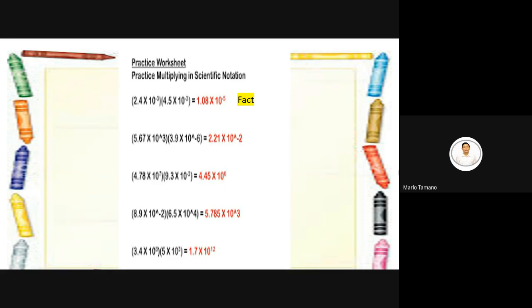Ano sagot? 22.1113. Okay. So, 5.67 times 3.9.